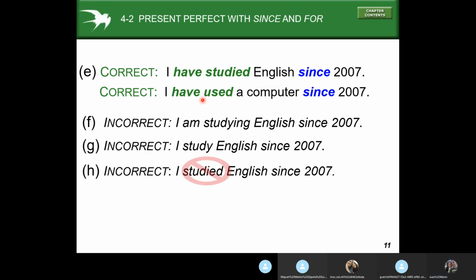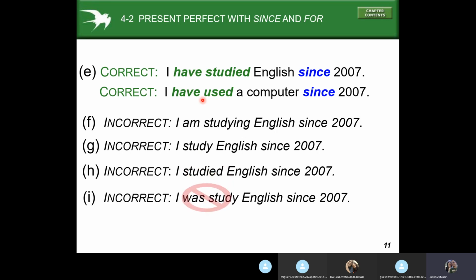I studied English since 2007. It is not possible either because this is the past. Or I was studying English. That is not possible either.